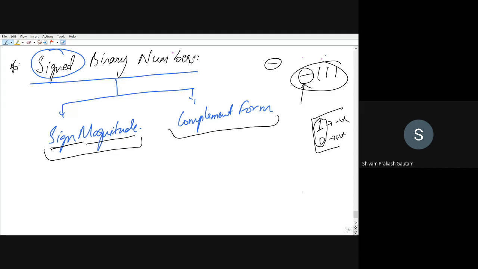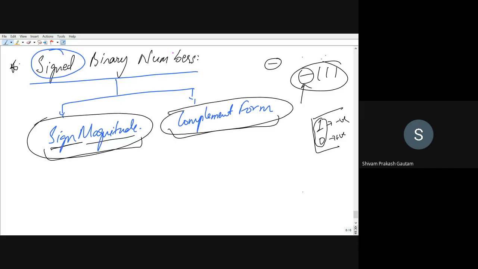Complement form: we have seen 1's complement, and for decimal we have seen 9's complement and 10's complement. Similarly in binary we have 1's and 2's complement. We will see what complement form and sign magnitude are shortly. So there are two forms in which we can represent the signed binary number: first sign magnitude, then complement form.